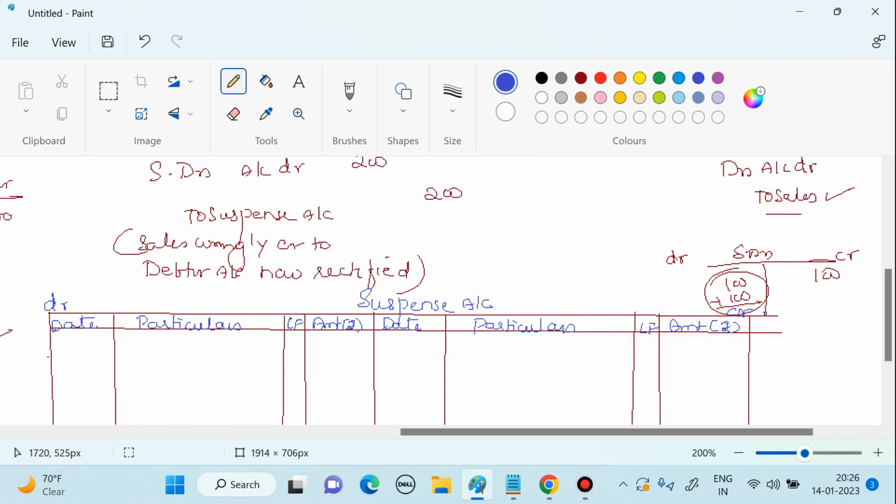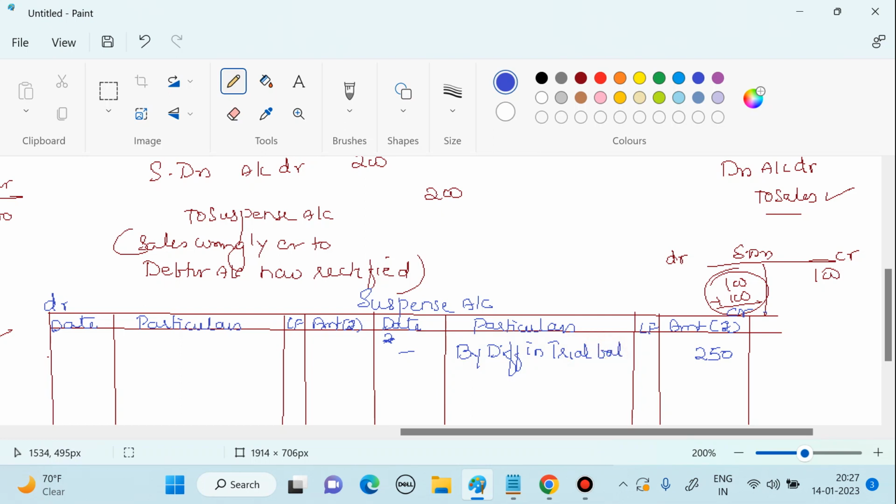So if you look at the question, they say the trial balance showed 250 as debit excess. So suspense account, the 250 excess in debit would be written on the credit side. So our suspense account is going to have a credit balance. We will write the date not given, so we leave it as such. Write by difference in trial balance here.